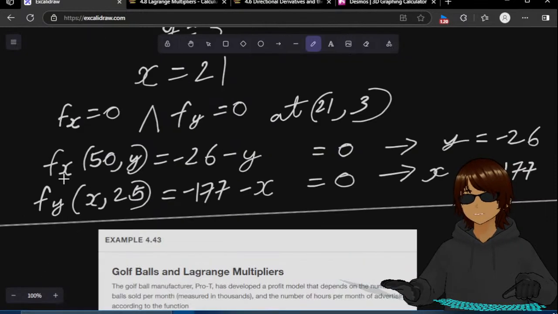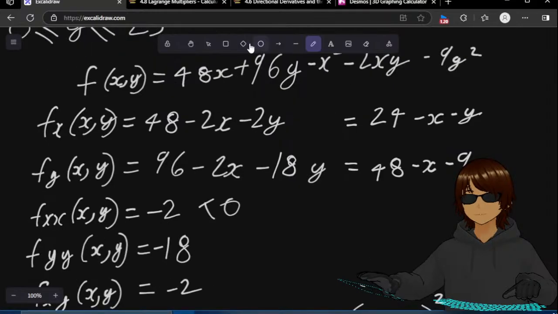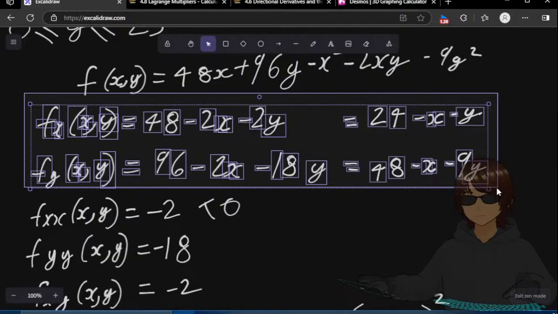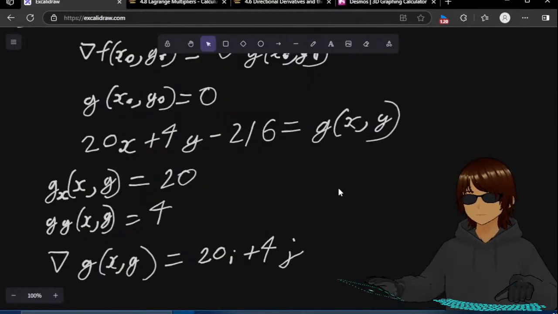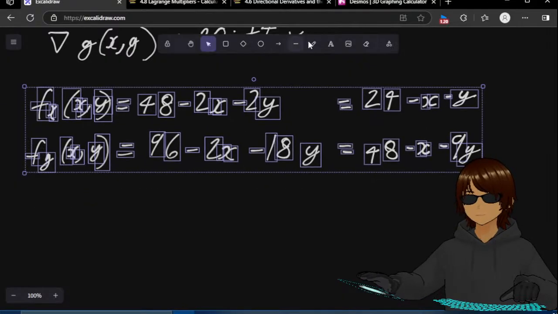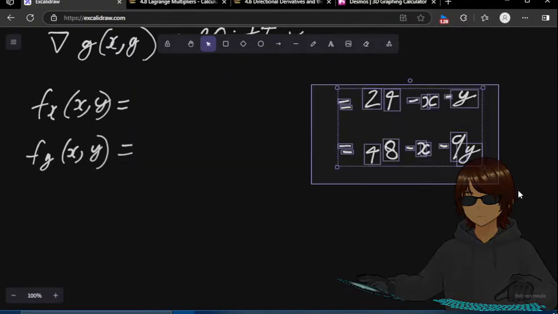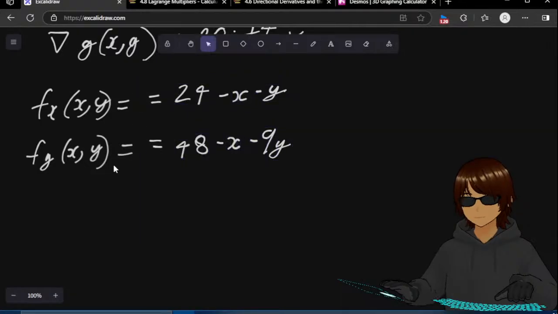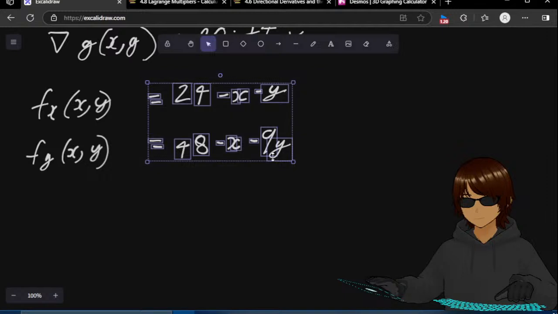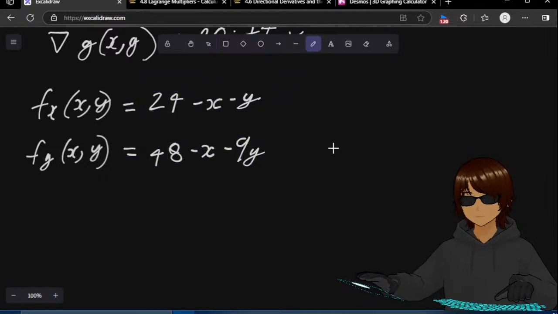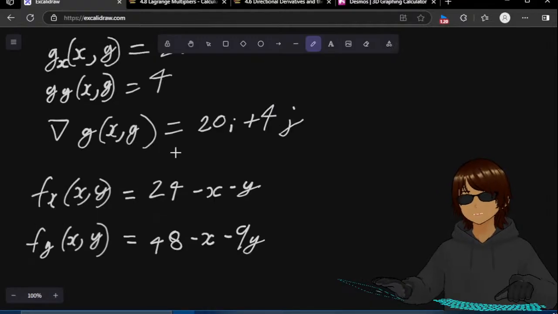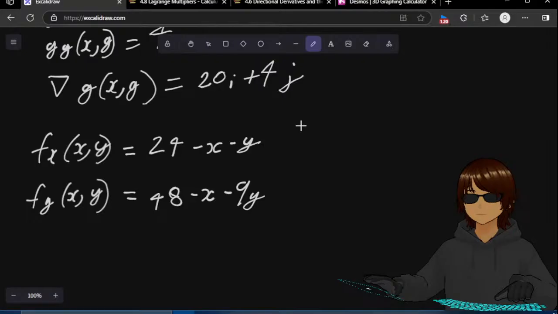We already have... so in order for grad f to be equal to grad g, this would have to be 20 and then this would have to be 4, right?